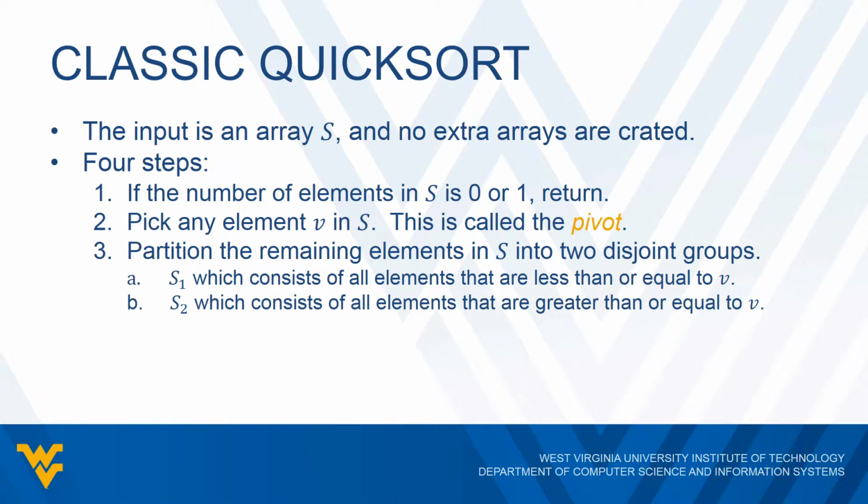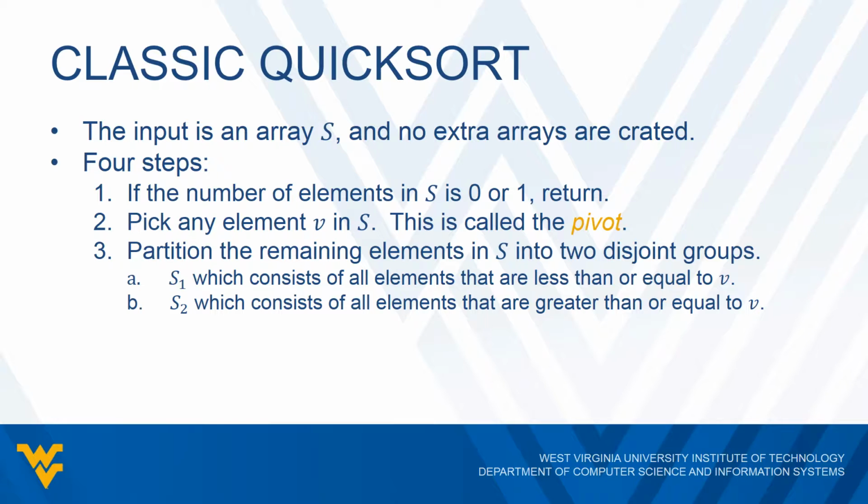The second group, which we'll call S2, is going to contain all the elements that are greater than or equal to v, or greater than or equal to the pivot. So what we're saying here is we pick our pivot, and then all the other elements that are less than or equal to v will go into one group, and all the elements that are greater than or equal to v, or the pivot, will go into the other group.